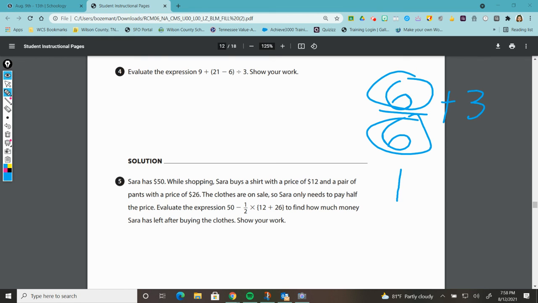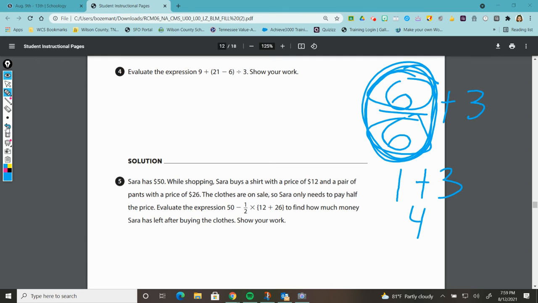So we have one whole piece. We have 6 out of 6 pieces. So what we're really saying here is 1 plus 3, which would be 4. So just remember, anytime you have a numerator that is equal to your denominator, you have one whole piece.